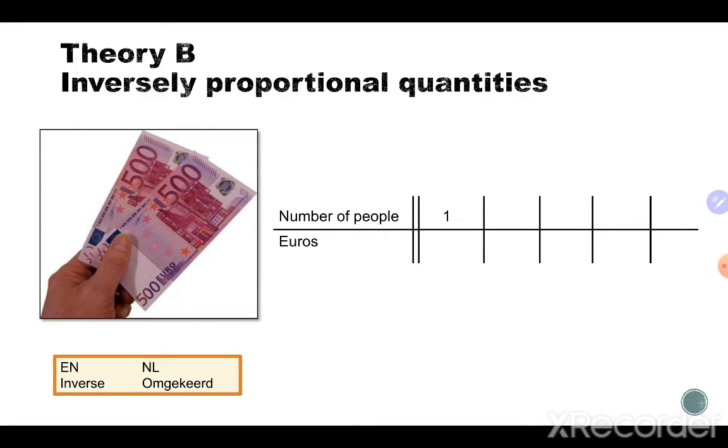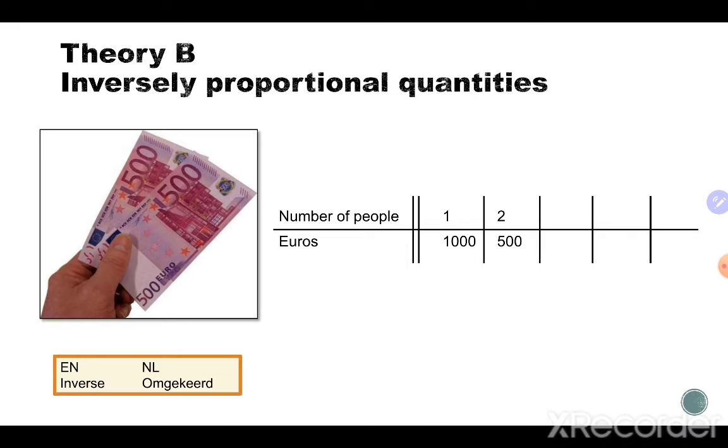If I give the €1,000 to one person, that person gets €1,000 very easily. But if I divide it among 2 of them, then each gets €500.